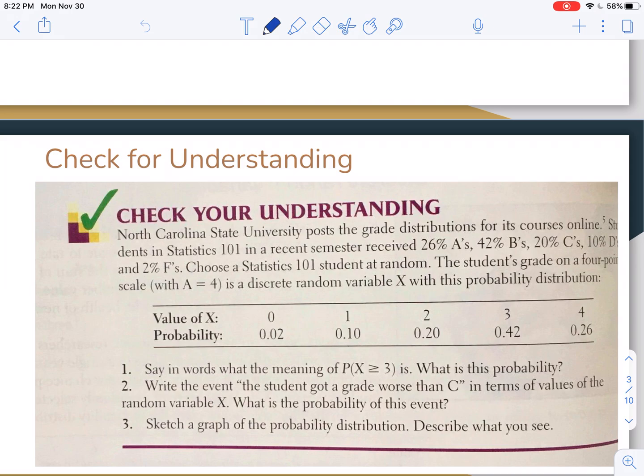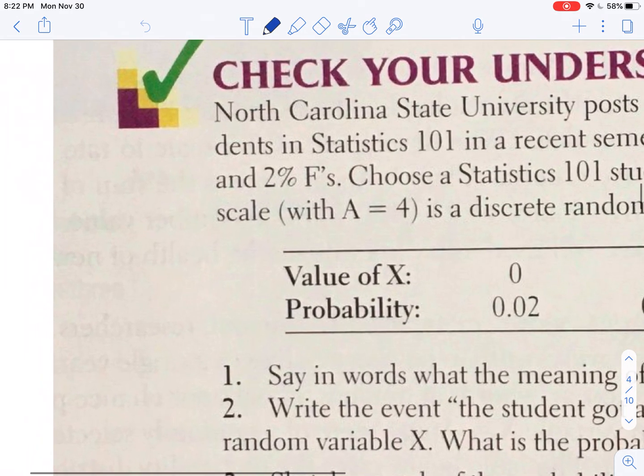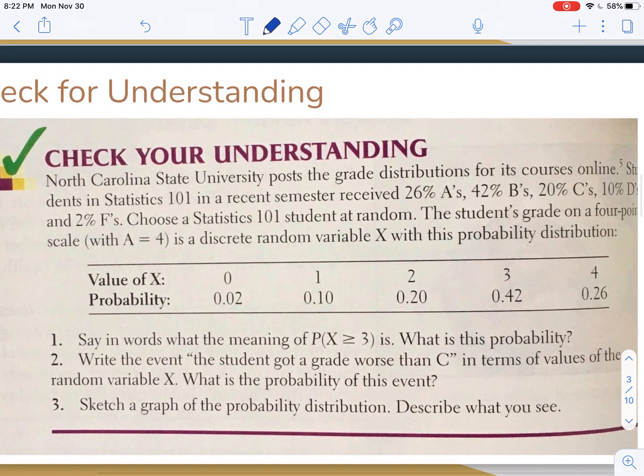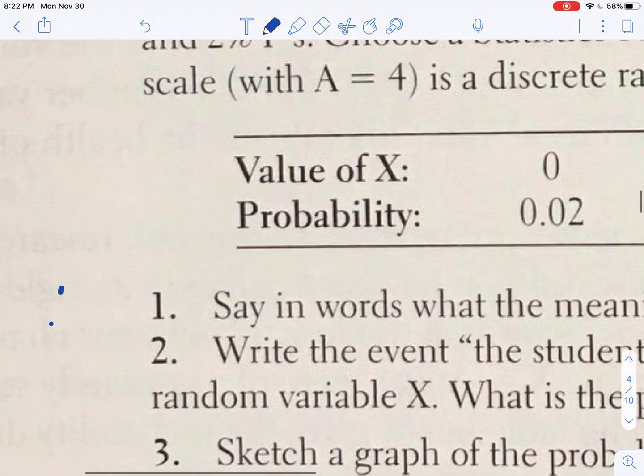Well, in that case, this is just the classic probability of A plus B. So we add our two probabilities together here. That's 0.42 plus 0.26, which is 0.68. So that means there's a 68% chance that if I picked a student at random from this class, that student had a B or better.